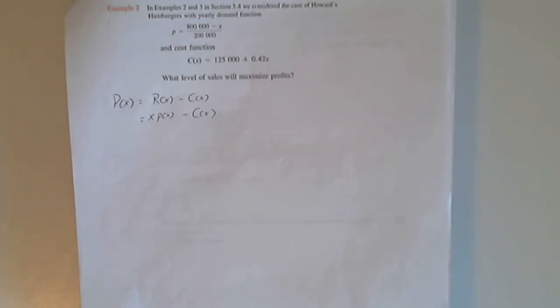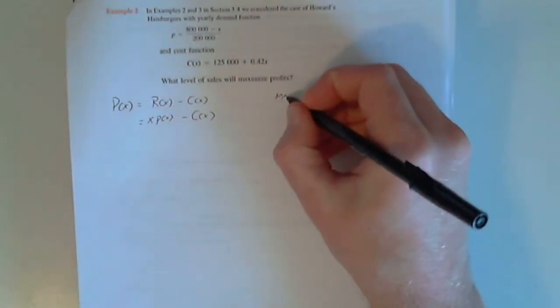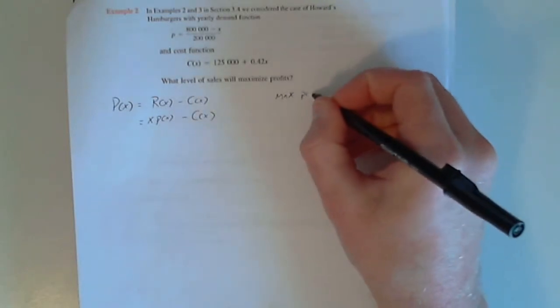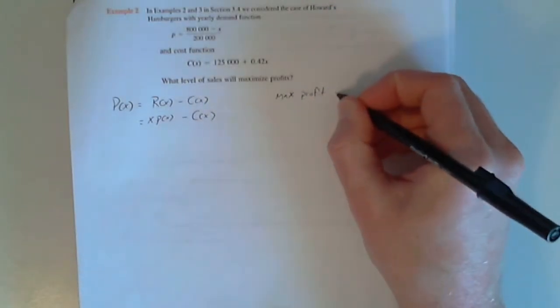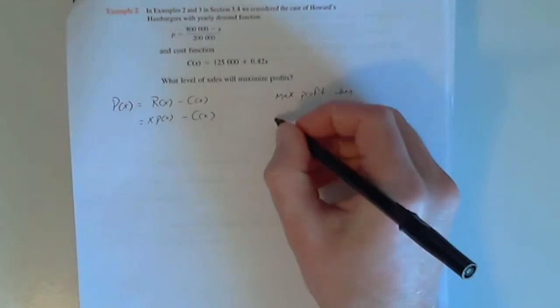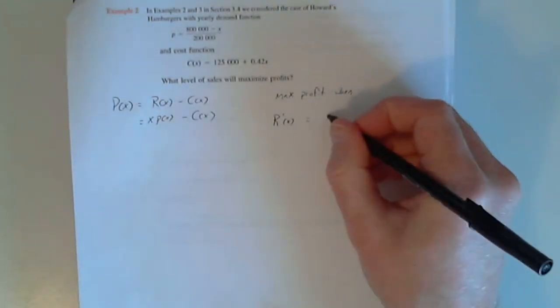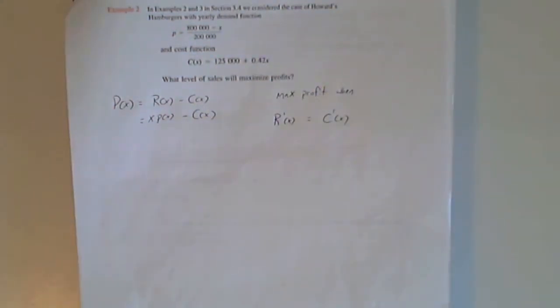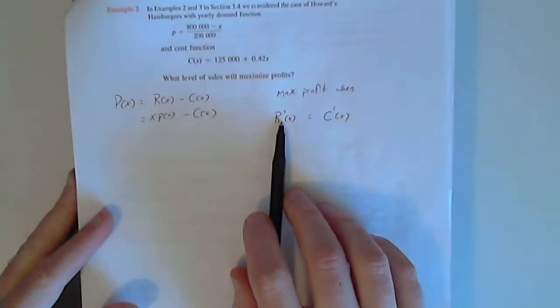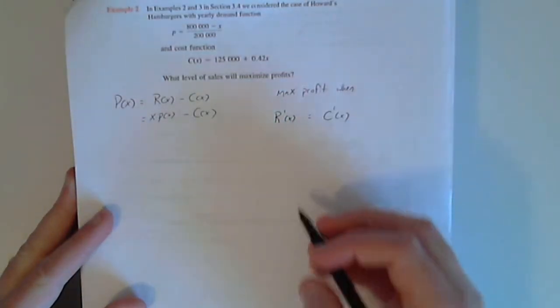You could do two things. You can either calculate the derivative of this, or we can use our new special rule. Our new special rule is max profit when r prime of x is equal to c prime of x, when the marginal revenue is equal to the marginal cost. That's it.